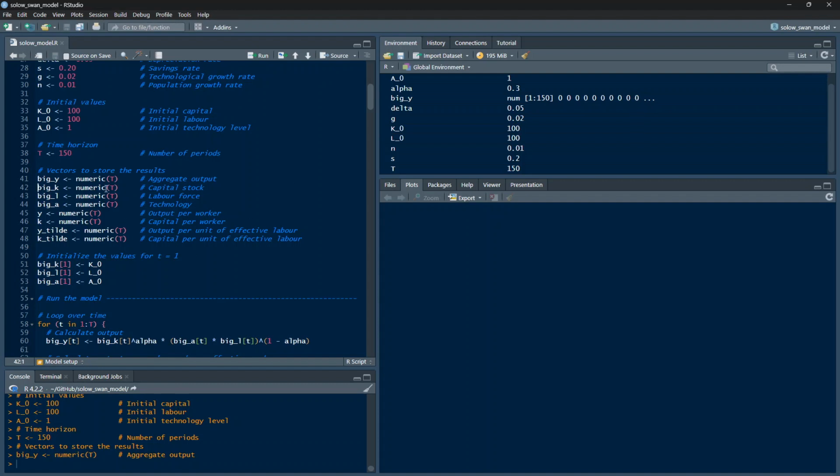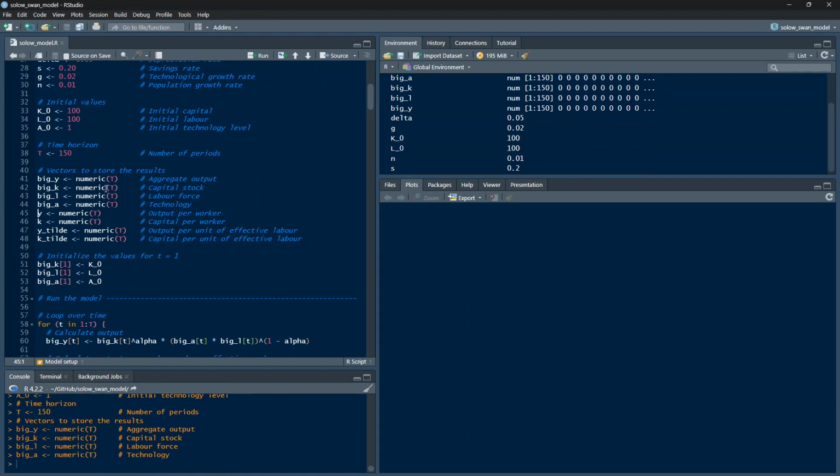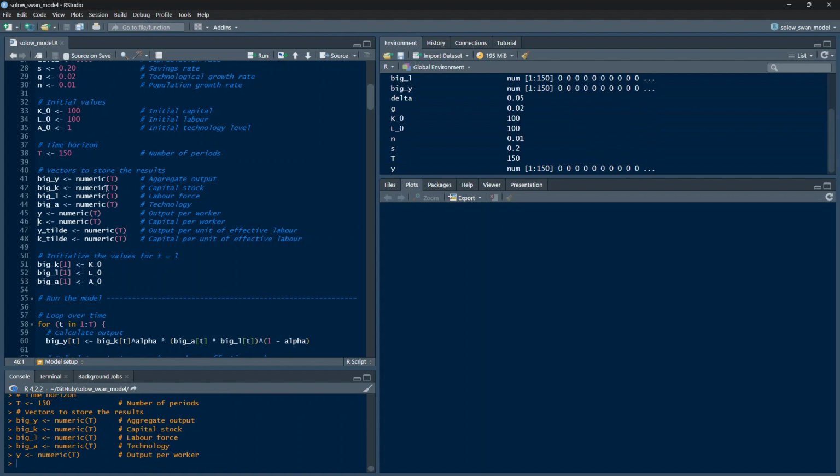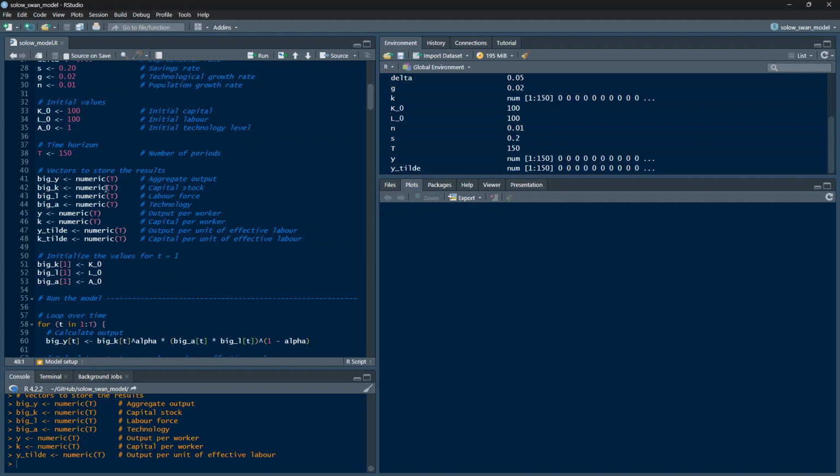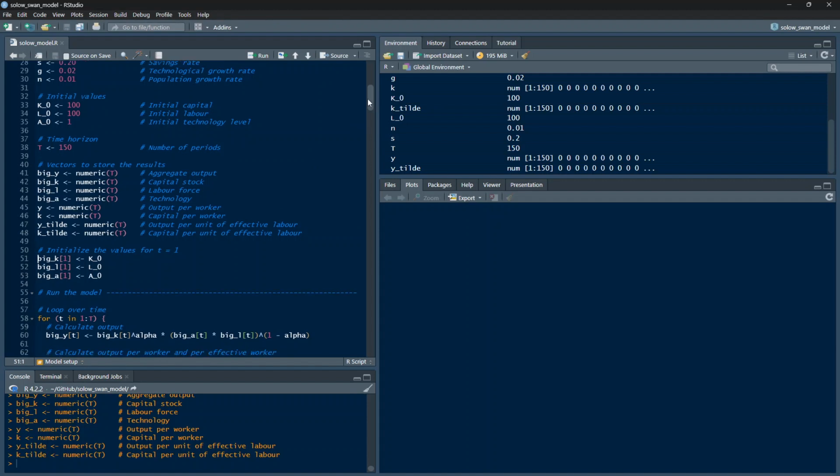And I'm going to do the same for the capital stock, the labor force, the technology level, output per worker, capital per worker, and then output per unit of effective labor and capital per unit of effective labor. So now we just have a bunch of these vectors which are empty, going from 0 to 150. And then we're going to set some initial values as we did earlier.